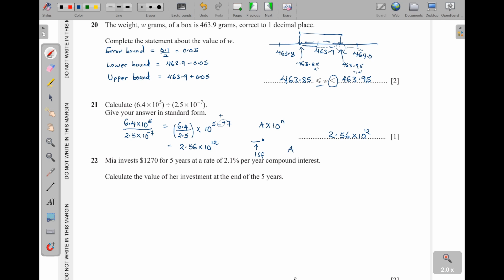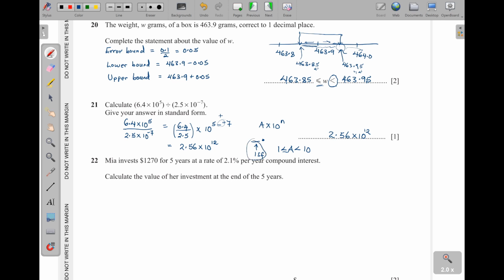This a we are writing is going to range between 1 and 10. We can have 1 point something times 10 to the power, but we cannot have 10 point or 11 point. It has to be like 9 point. We must have one significant figure here.